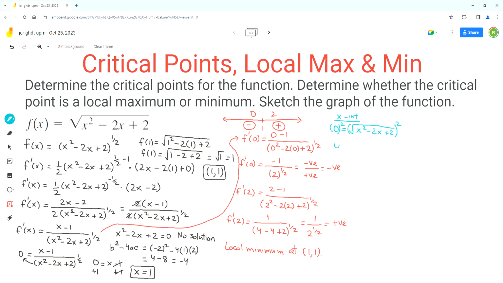So we get 0 equals x squared minus 2x plus 2. As we figured out earlier in the first part, there are no solutions to this equation because its discriminant is negative. So there are no real solutions. That means there are no x-intercepts.